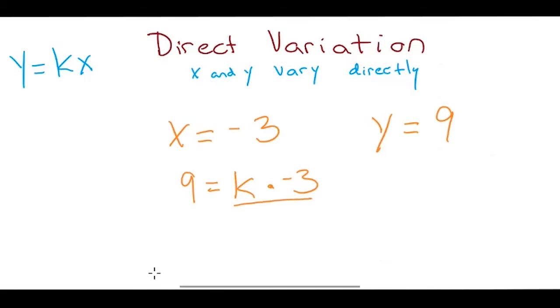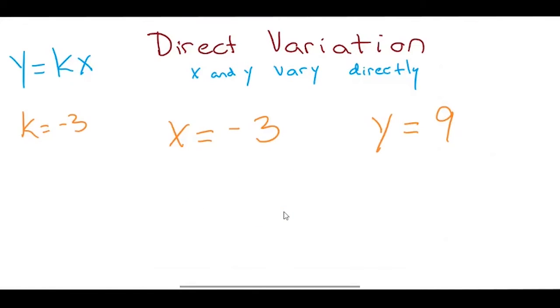I'll divide both sides by -3 to get k alone. Those cancel. So k equals 9 divided by -3. That's -3. So k, my constant of variation, is -3.